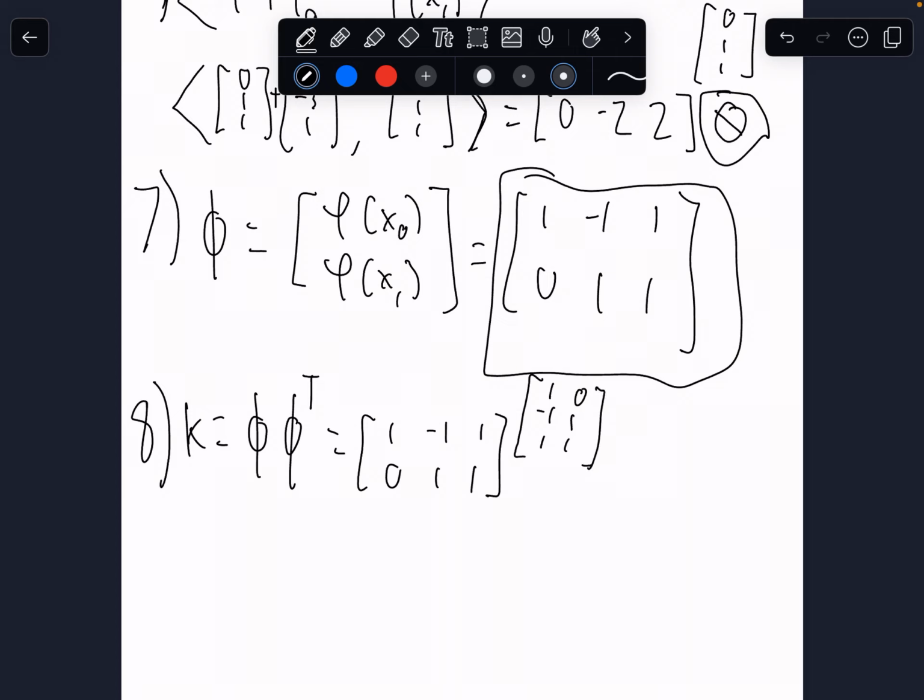And this gets us, 1 times 1, -1 times -1, 1, so we get 3. And then we have -1 and 1, so 0, 0, and we have 2. On the exam, if you're asked to do this, remember that a matrix multiplied with the transpose of itself will always be symmetrical, that's the word.